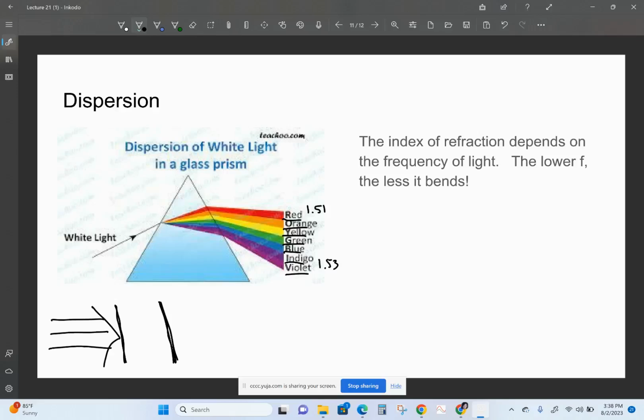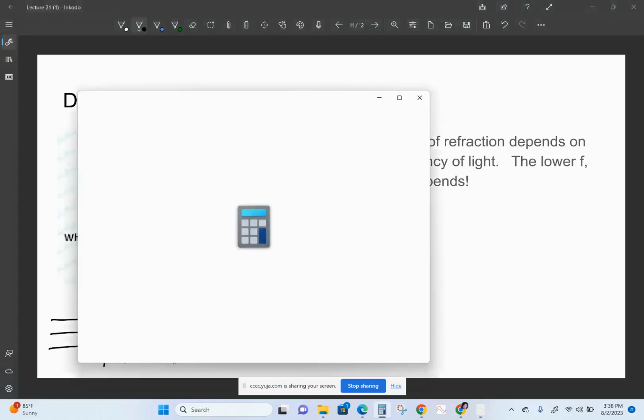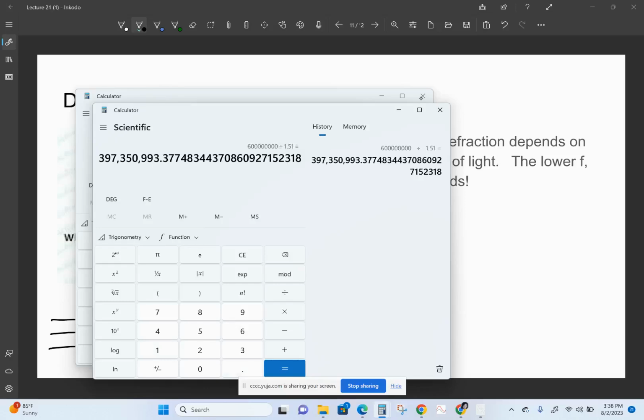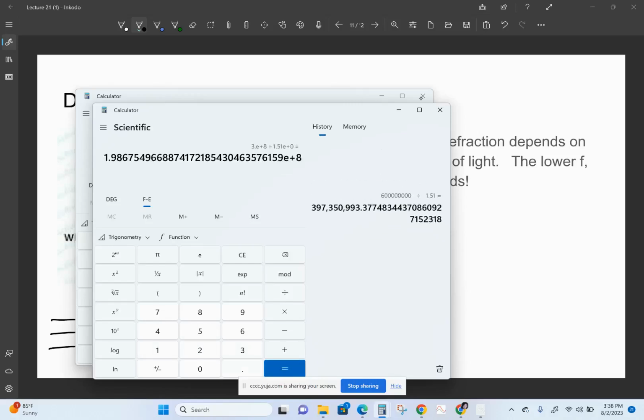So just think about the speed of light in these. If I wanted to find the speed of light in red light, it would be 3e8 divided by 1.51, which would be 1.99e8.